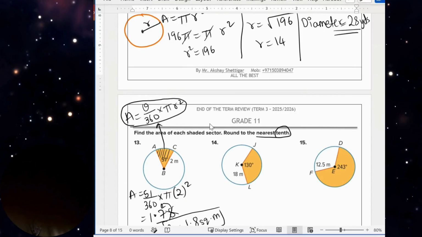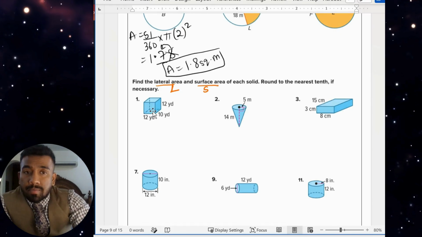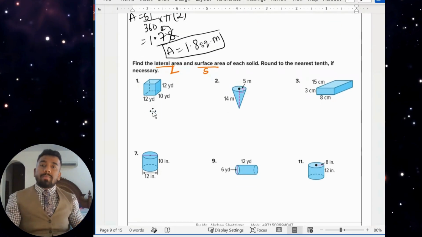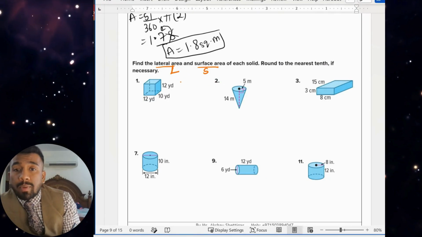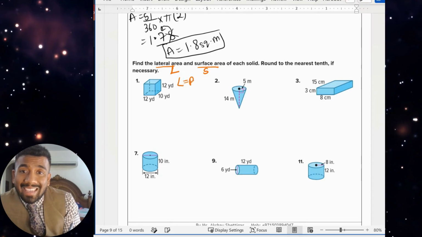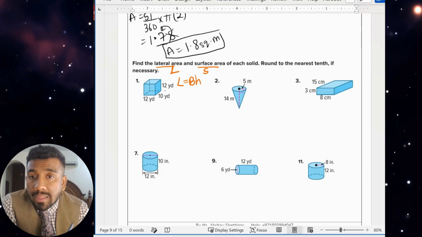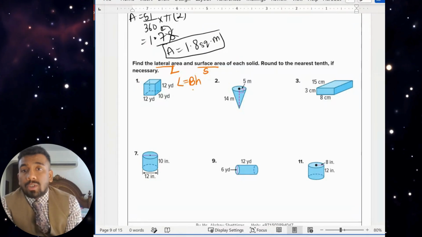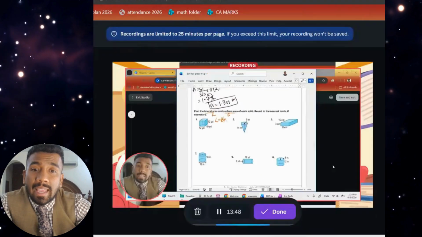Now here, this first figure is a prism. Now, if it's a prism, what's the formula for the lateral area and the surface area? For a prism, the lateral area is given by L is equal to BH. What's B? B is called the base area.